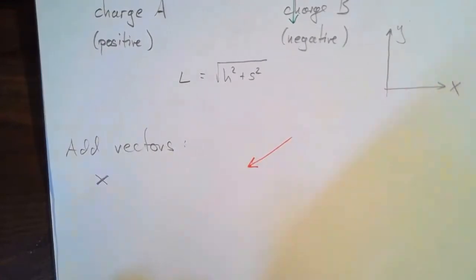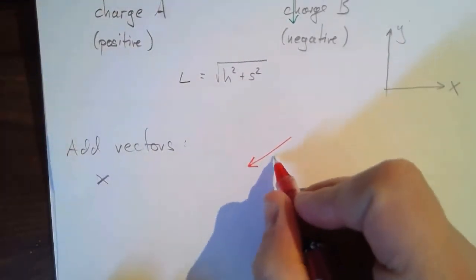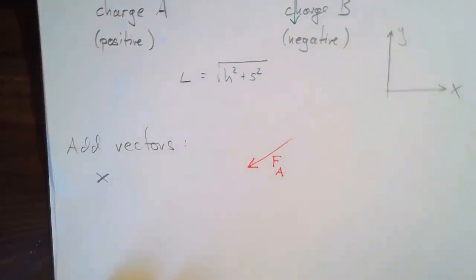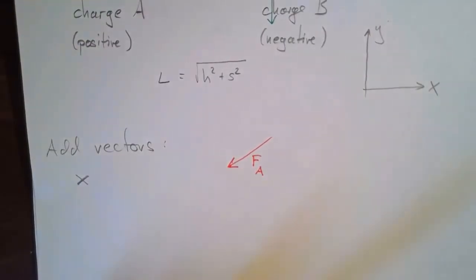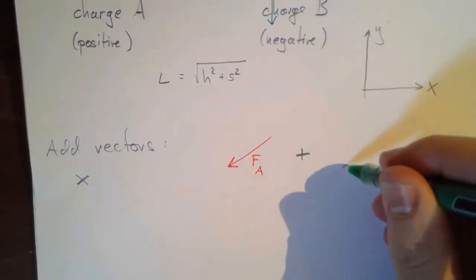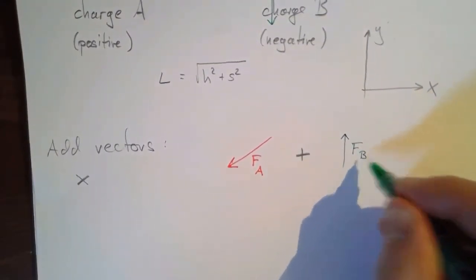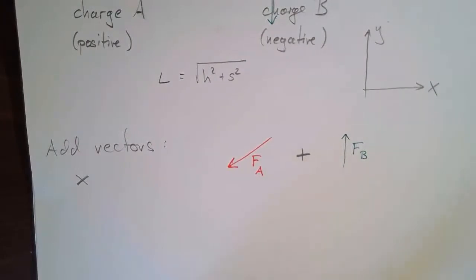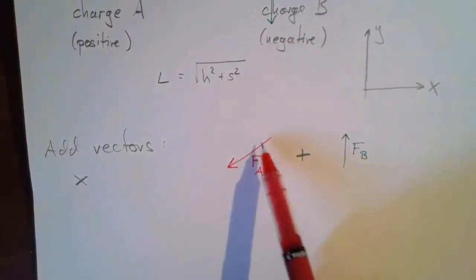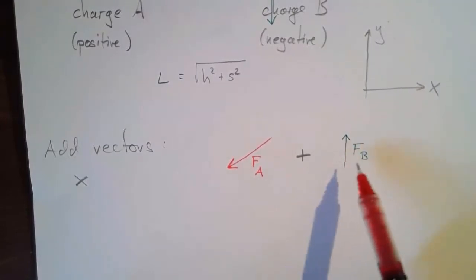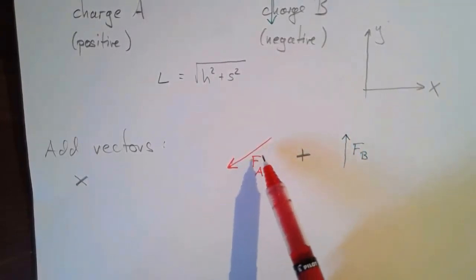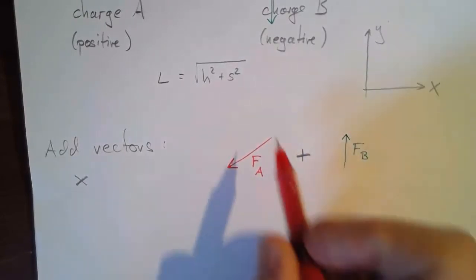I've got this vector here, this is FA, and I'm trying to add to it this vector here, FB. I'm just adding vectors now. I've done the physics. Now it's just math. Well, this one only has a y component. That's the easy one. This one has both left-right and up-down.